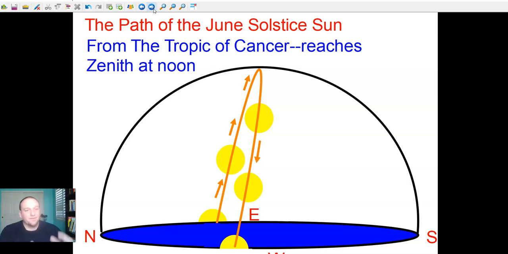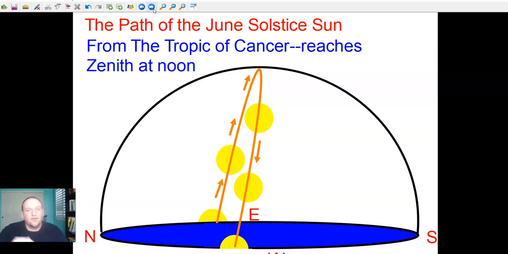But because it's farther north and because it already went higher in the sky, we don't have to get all the way to the equator for it to get straight overhead. We just have to get to the Tropic of Cancer. On the Tropic of Cancer, on the June solstice, the sun makes it straight overhead. And so that's what defines the Tropic of Cancer.